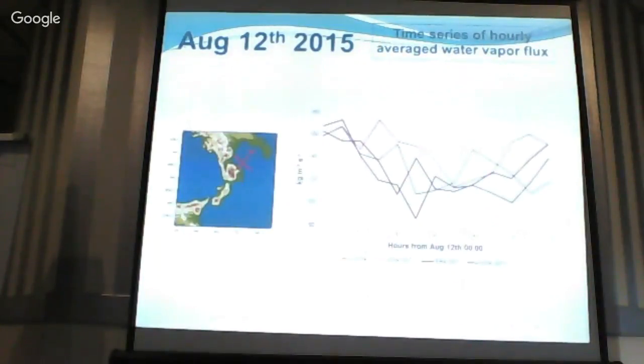This is a series of hourly average water vapor flux moving through this transect. So we have from midnight of the 12th to 12 o'clock of the 12th, how much water moved from the sea to the coast. This doesn't mean, of course, that all the water becomes rain over land, but we see that the behavior is more or less correct.